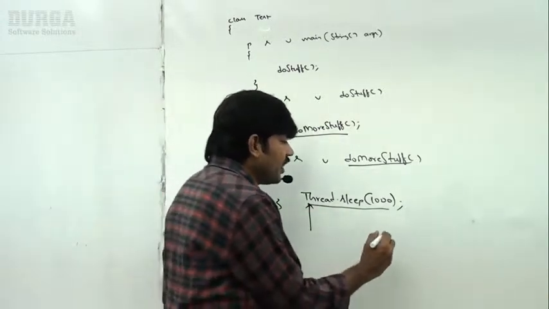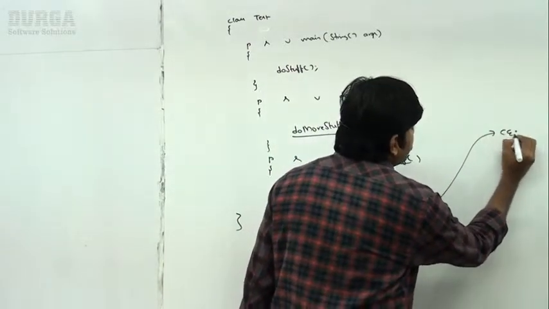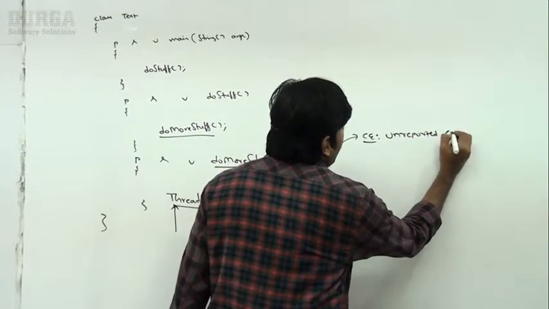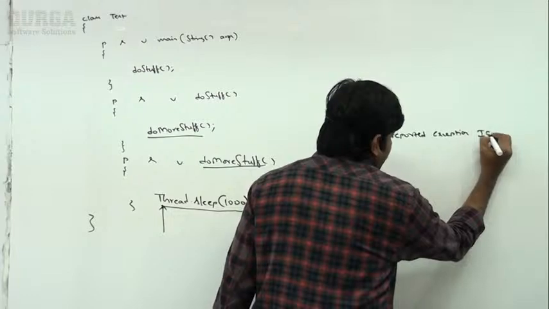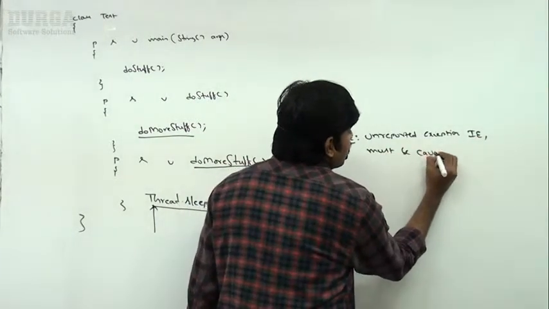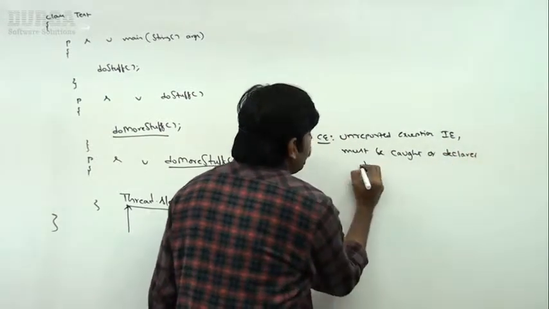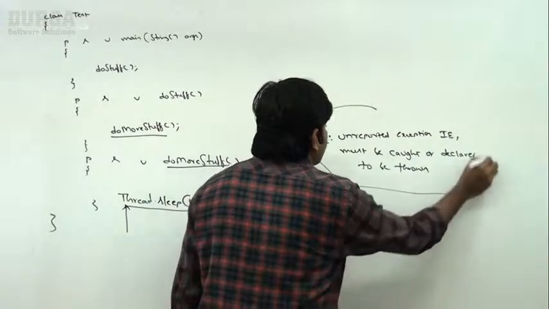At this point, we are going to get a compile time error. Can you please spell out? Unreported exception InterruptedException; must be caught or declared to be thrown. This is the compile time error we are going to get, sir.